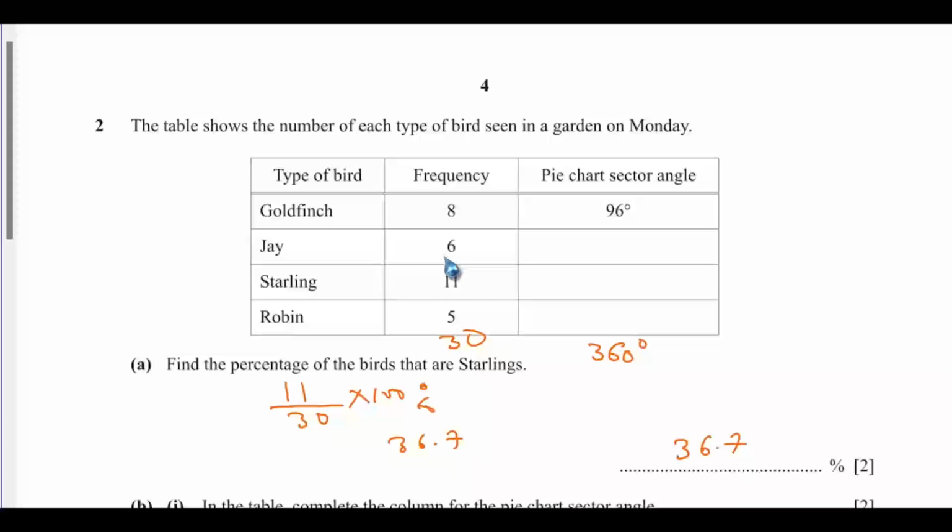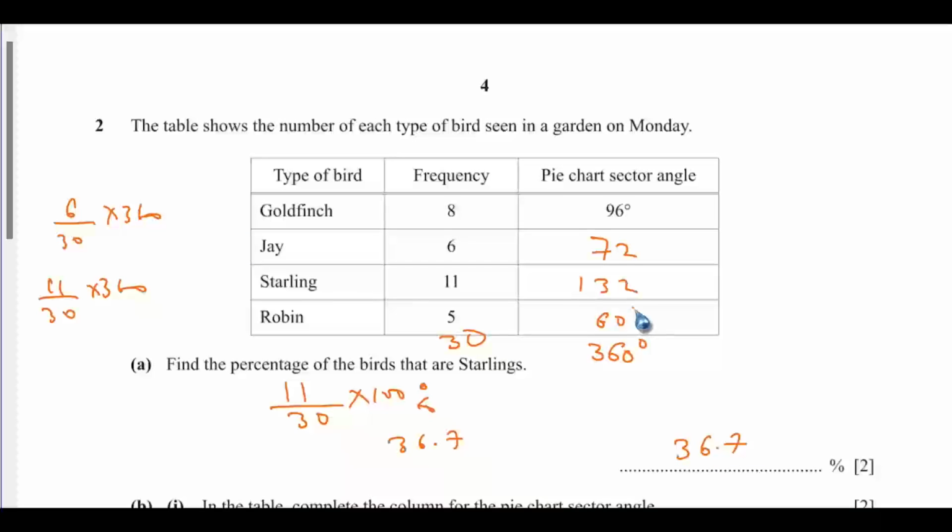So for this, you're going to have 6 over 30 then times 360 to give you the answer here. So this will be 72. So for this, you do 11 over 30 times 360. So that will give you 132, and this will give you 60 degrees.